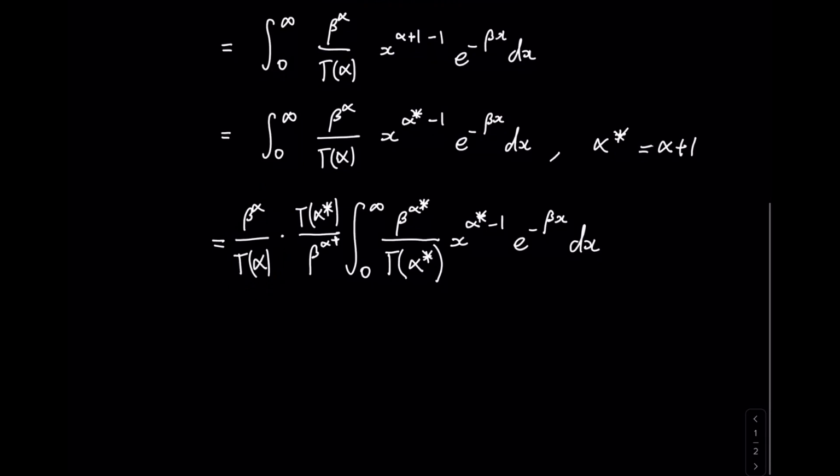Now, why have we done this? Well, we've done this because now we recognize this entire expression here as a new probability density function with shape parameter alpha star and rate parameter beta.